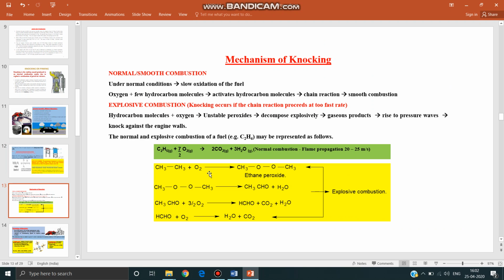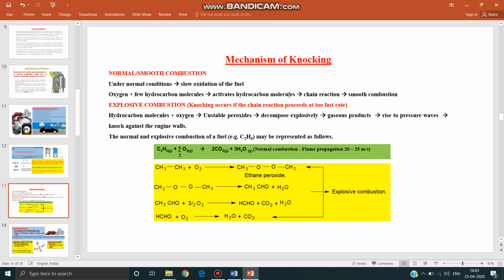Now, mechanism of knocking. It's very important, this mechanism of knocking. Here I've taken one simple example to explain this knocking process. In the normal combustion process, what happens? This chemical fuel combines with the oxygen and produces activated hydrocarbon molecules, and these activated hydrocarbon molecules react with one more molecule of hydrocarbon and produce yet another activated hydrocarbon.